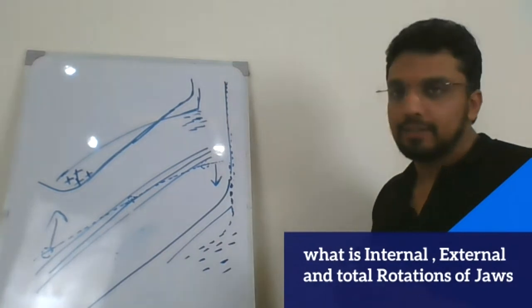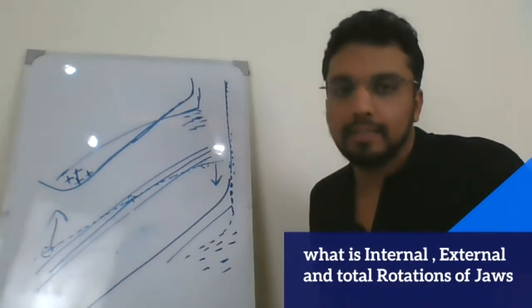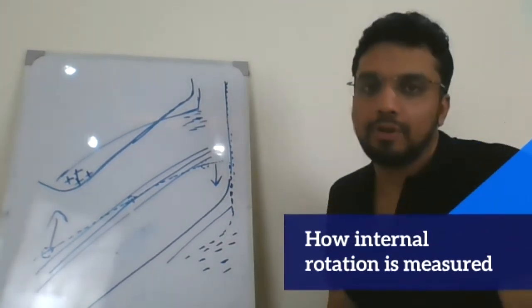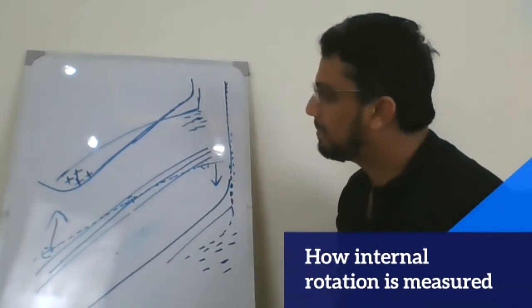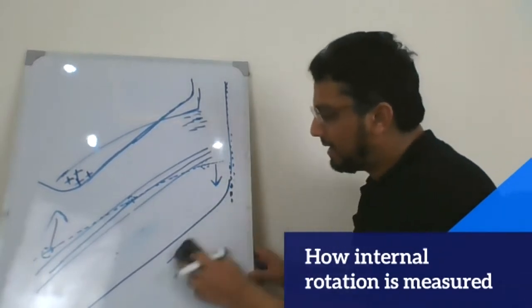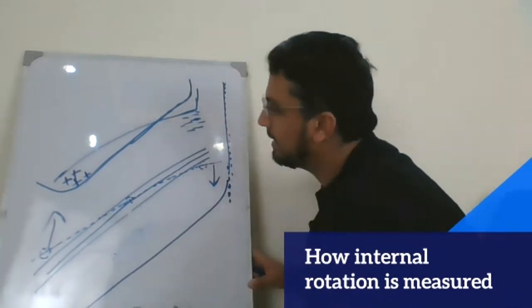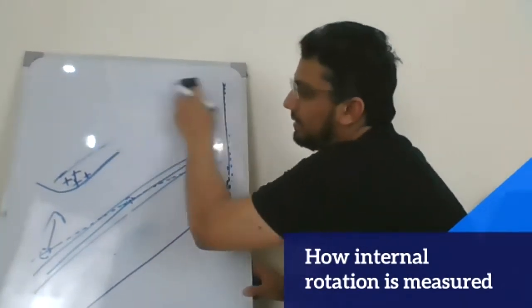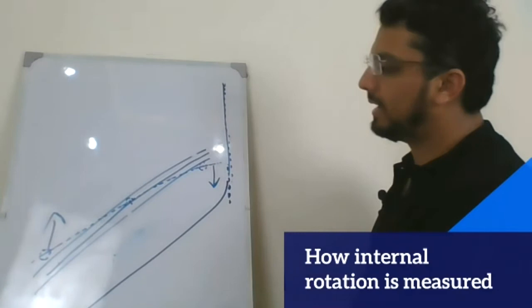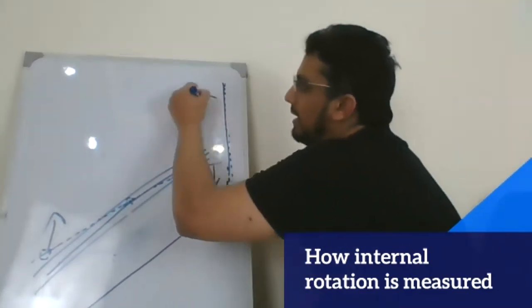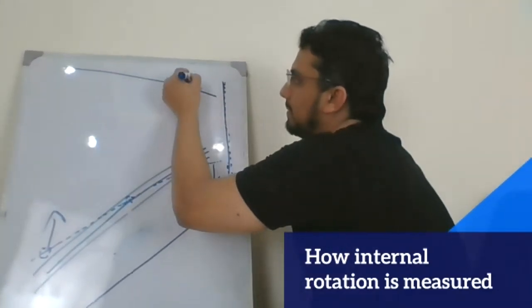And let's discuss how this internal rotation is measured. For measurement, we have to have a reference point. How do we measure the internal rotation? We have the cranial base, ascent plane.